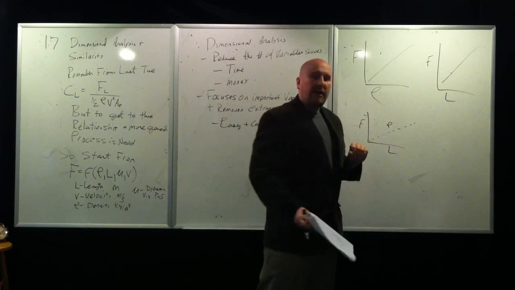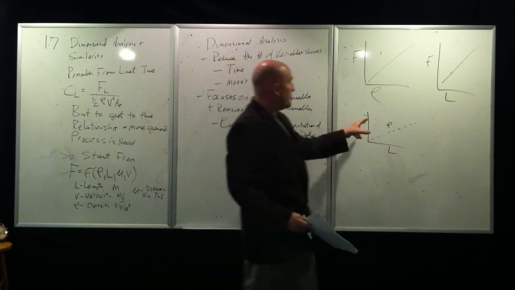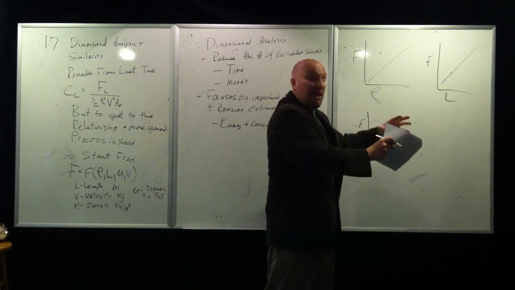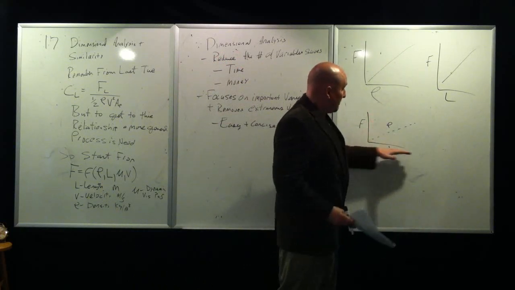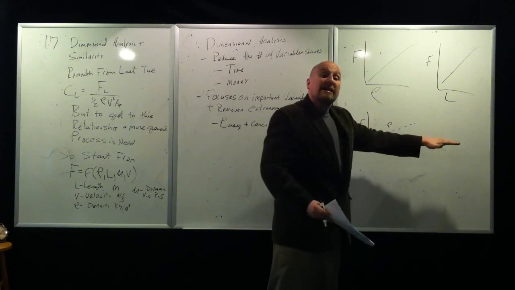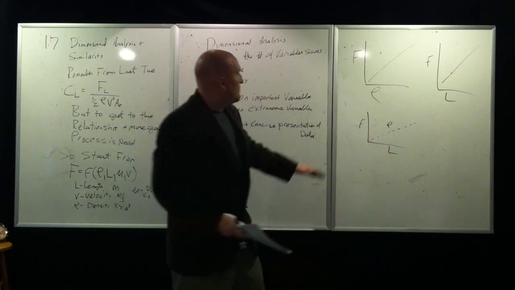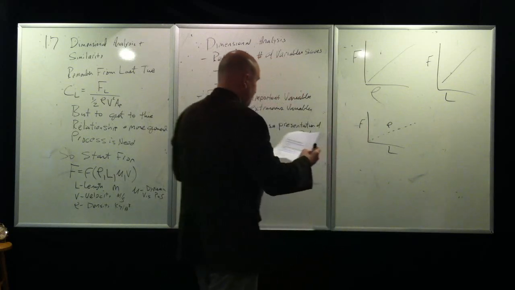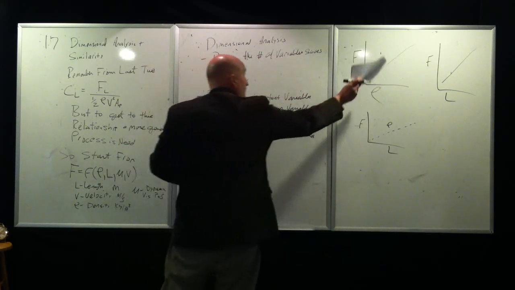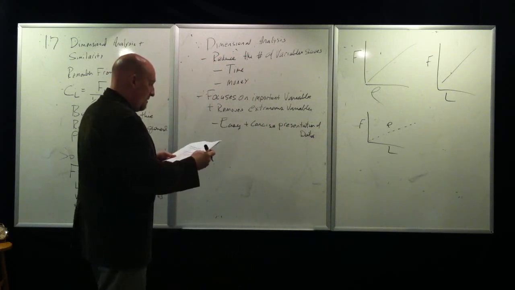You have a very, very complex representation of the data. And then again, that just grows because for each length you have to keep adjusting the density, then you adjust the density and you have to keep adjusting the length. You have a lot of experimental runs to get the representation of force. So it allows you to have a nice, easy, concise way to represent the data.